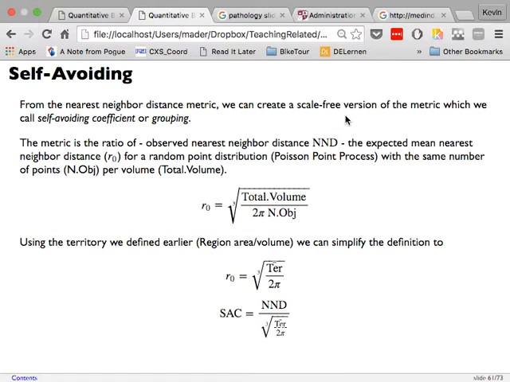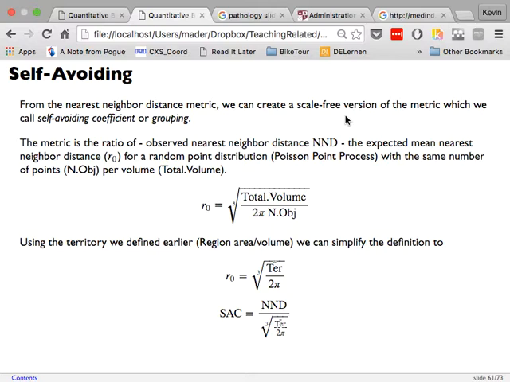Basically, the random distance or the mean expected value between points should be the cube root of the total volume over 2 pi times the number of objects. And what you can now do is compare the nearest neighbor distance to this value to get how self-avoiding the objects are.